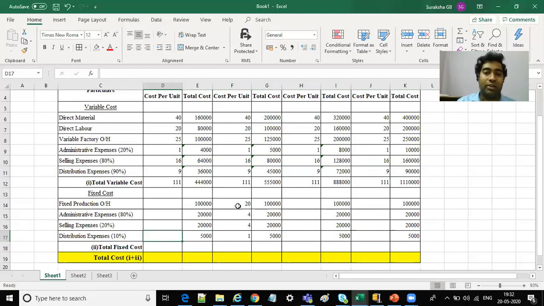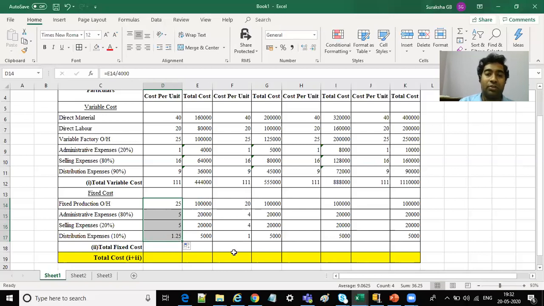Now we are done with the calculation part. We need to calculate the cost per unit. So how we are going to do is, we will select this value and divide by 4,000 units, because the first production level is 4,000. We got the values now.